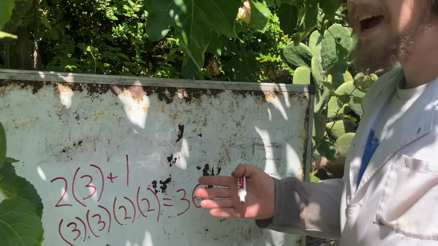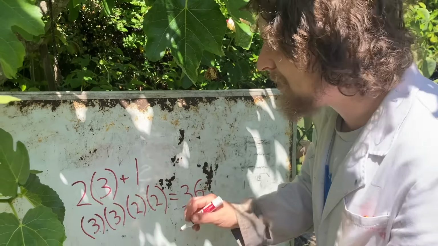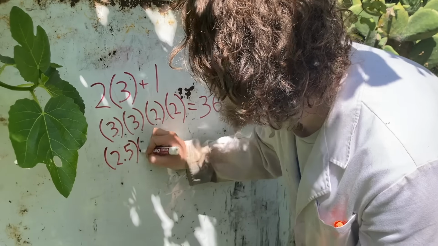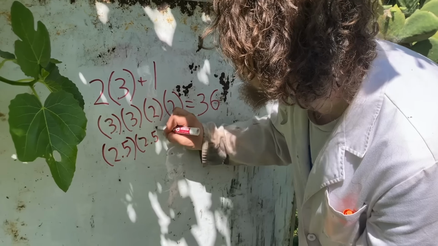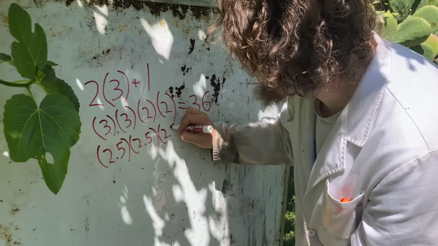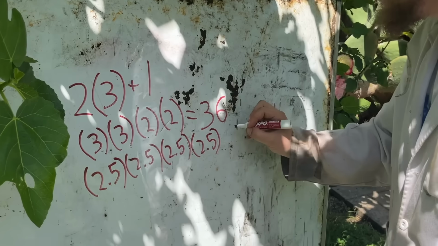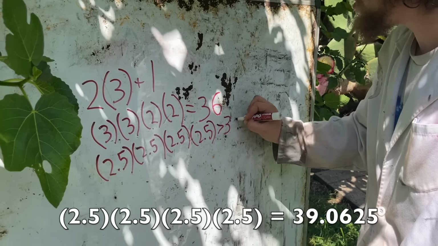But if I was allowed to use my 10 a little differently, maybe I would go 2.5 4 times multiplied together, which does add up to 10 if I'm allowing more than just whole numbers. And this is bigger than 36.